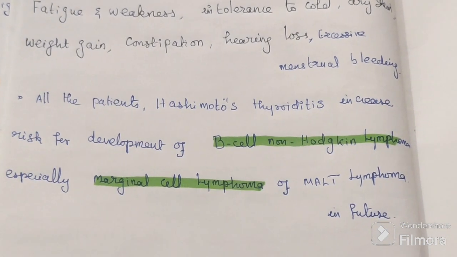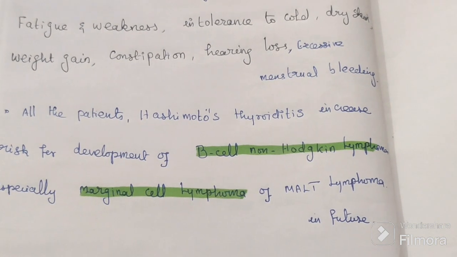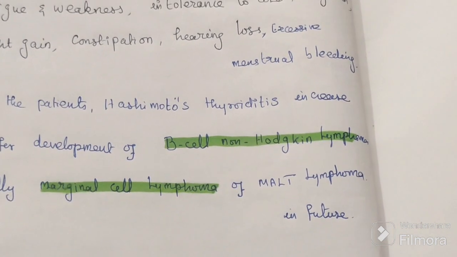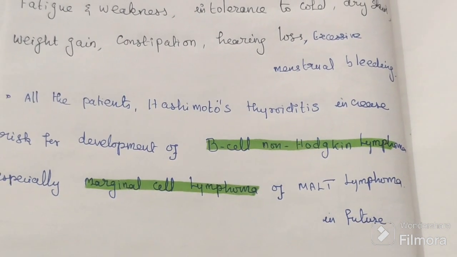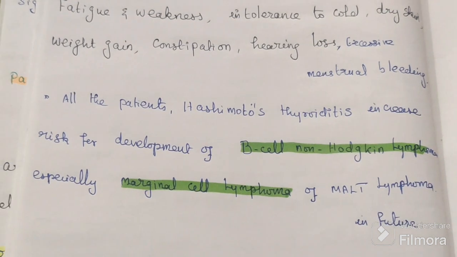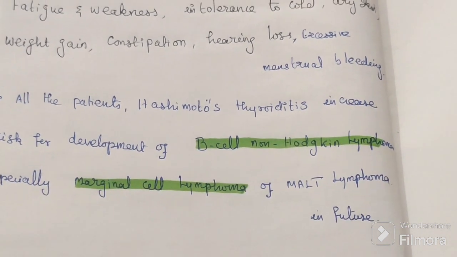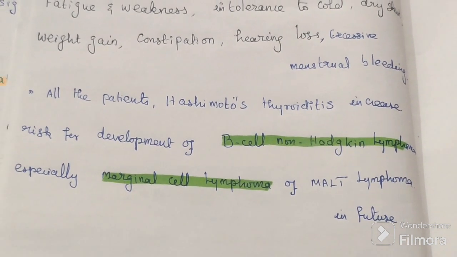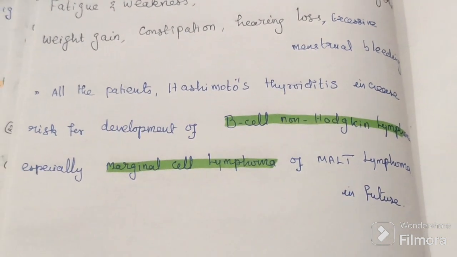One more important thing, all patients with Hashimoto's thyroiditis have an increased risk of developing B cell non-Hodgkin lymphoma, especially marginal cell lymphoma, in future.